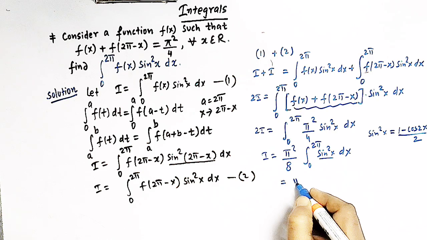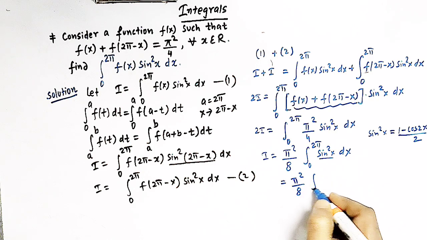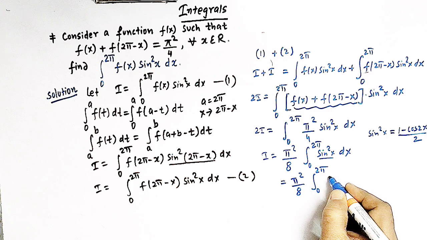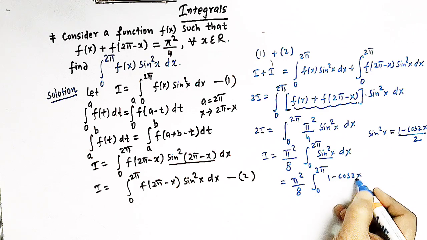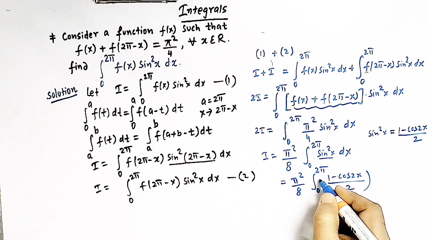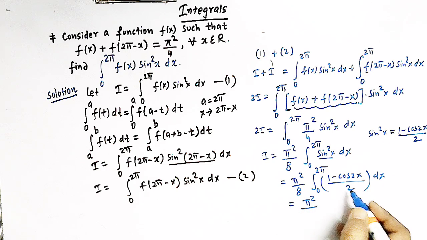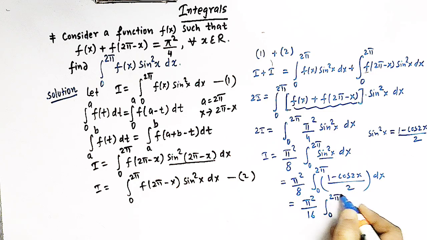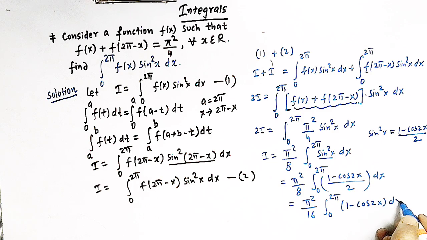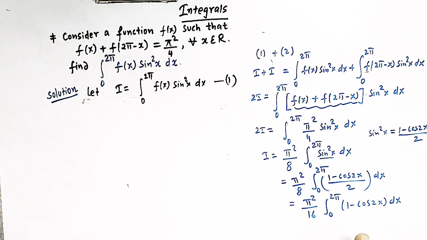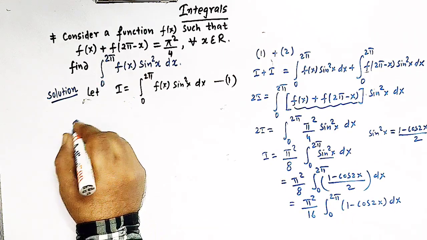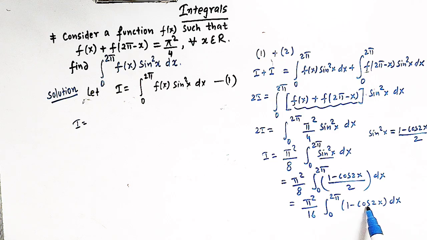So we have pi square over 8, the integral from 0 to 2 pi of 1 minus cos 2x over 2 dx. Taking this 2 outside the integral, we have pi square over 16, the integral from 0 to 2 pi of 1 minus cos 2x dx. Now we can easily integrate 1 minus cos 2x.